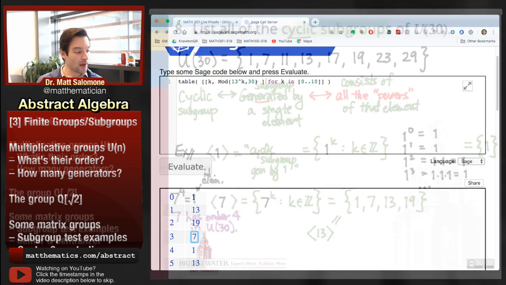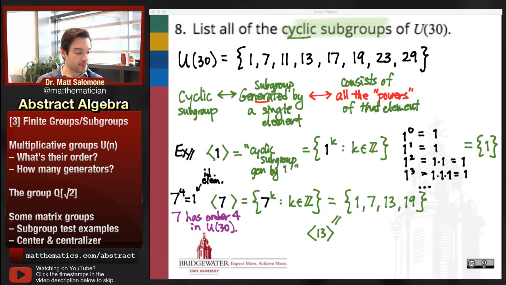And that, actually, is an artifact of the following observation. When we were first building the group U30, the question I had asked is, what is the multiplicative inverse of the number 7? And we found out that the multiplicative inverse was 13. So 7 and 13 are inverses. And from that perspective, it's not surprising that 7 and 13 are going to generate the same cyclic subgroup.